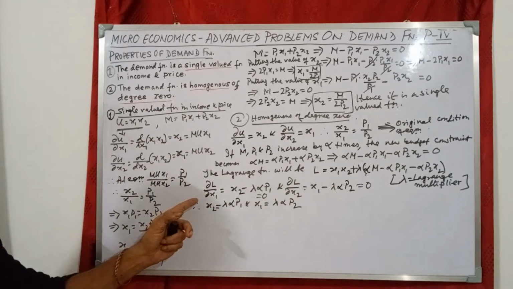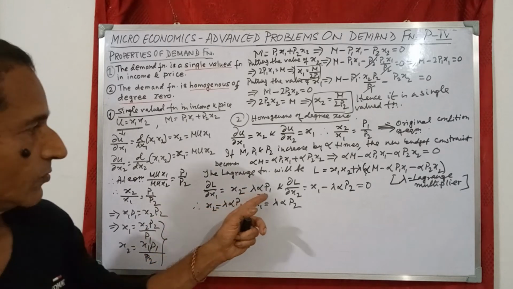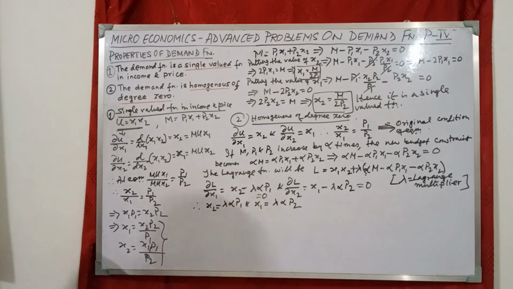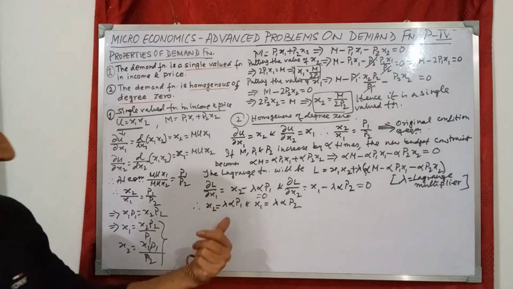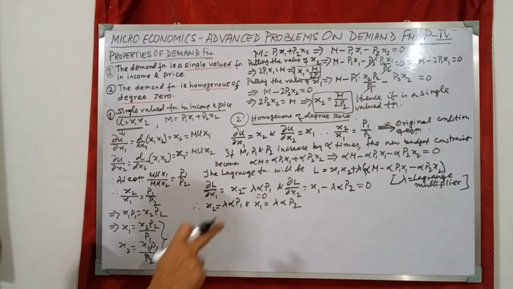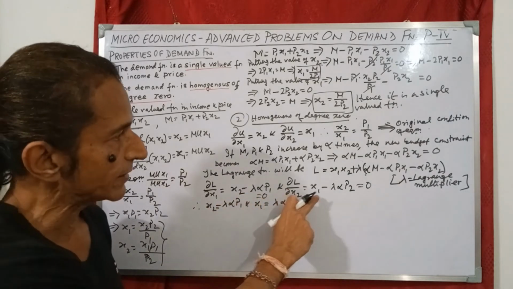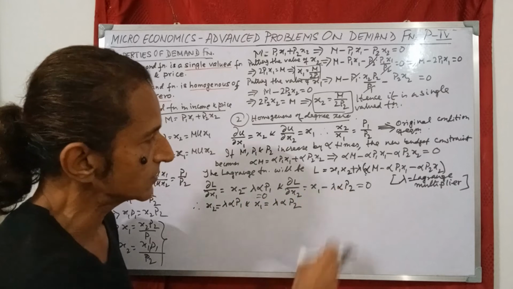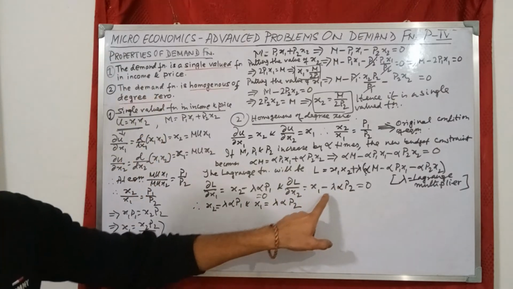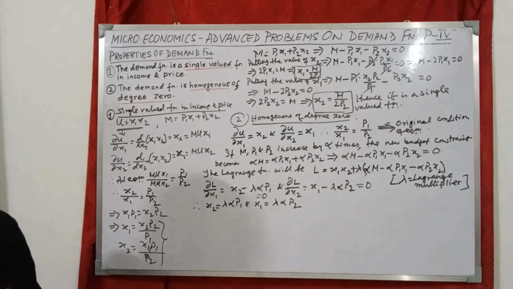Del L by del x1 equals x2 minus lambda alpha p1 equals 0. Therefore, x2 equals lambda alpha p1. Similarly, del L by del x2 equals x1 minus lambda alpha p2 equals 0. Therefore, x1 equals lambda alpha p2.